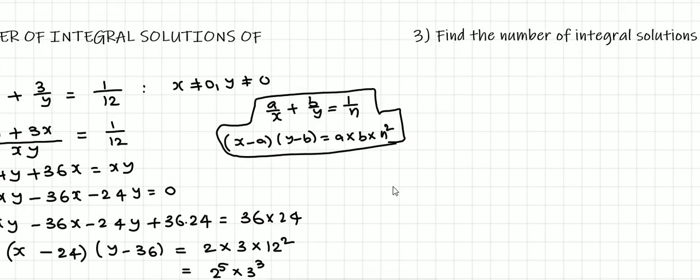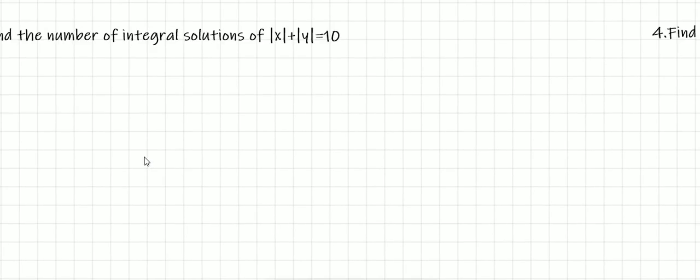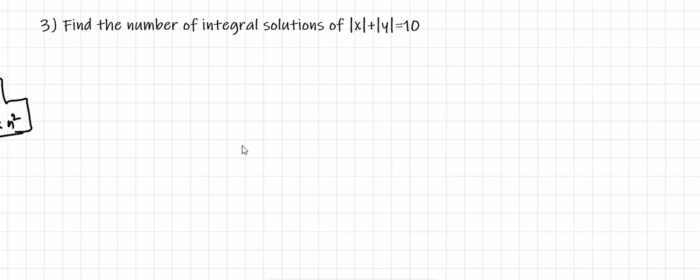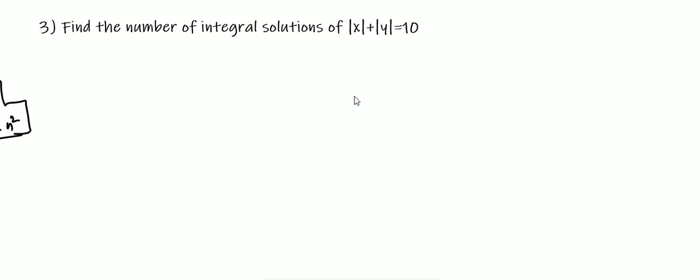Next, let's move on to the third question. Number of integral solutions of |x| + |y| = 10. In this case, the absolute value of x plus the absolute value of y is equal to 10.